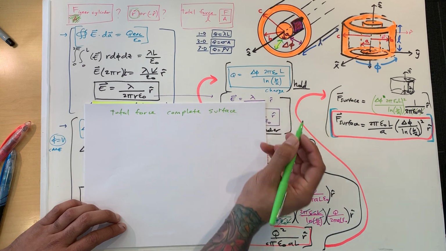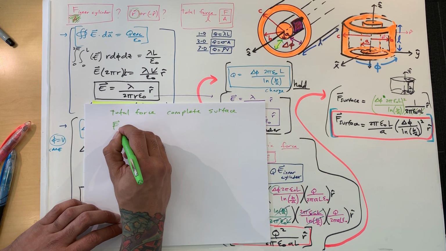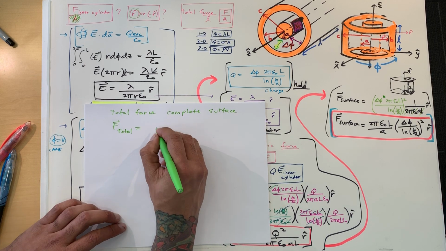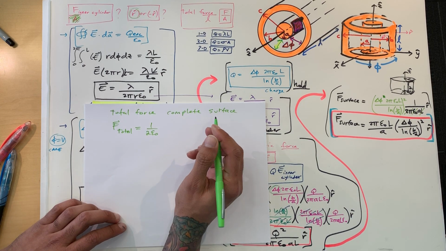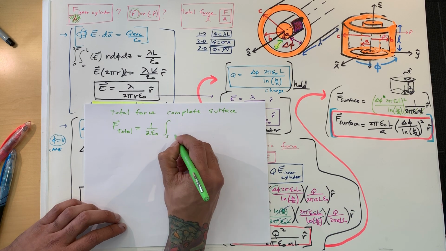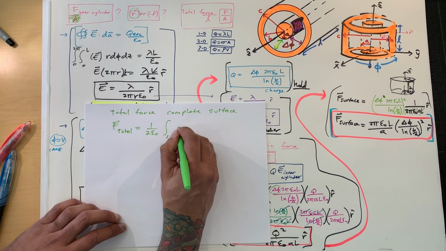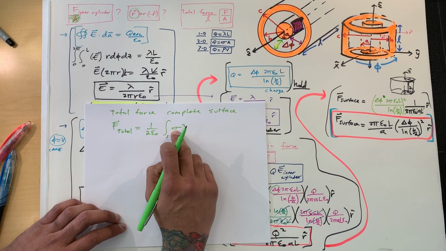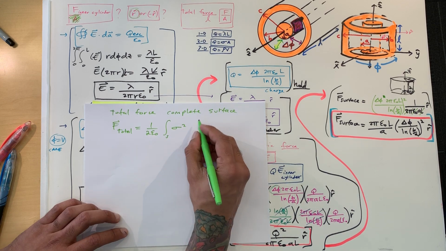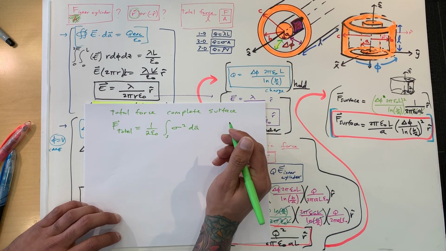Okay, and we're gonna be using force total is equal to 1/2 epsilon naught, the surface integral, right, of sigma squared, which is a 2D, you know, surface area, dA, right?